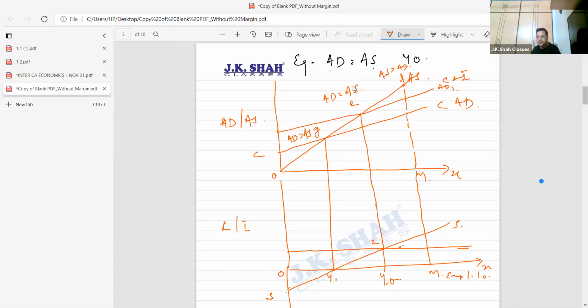Write in the next line. Aggregate demand is the total demand for goods and services.